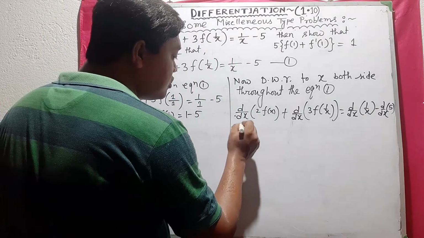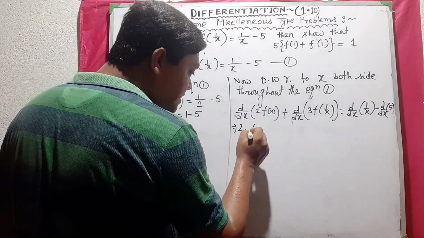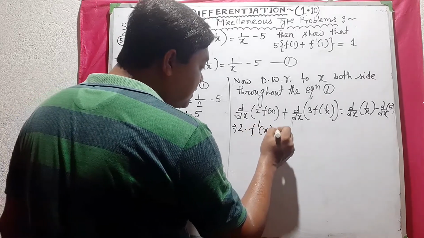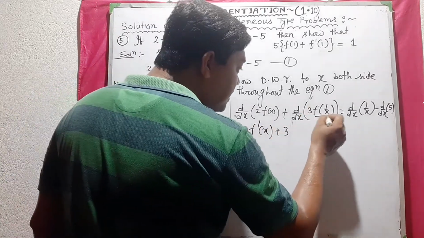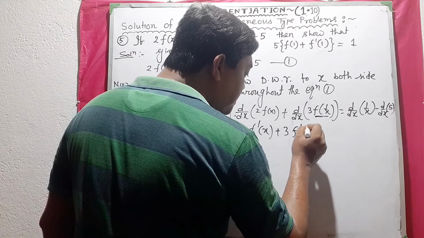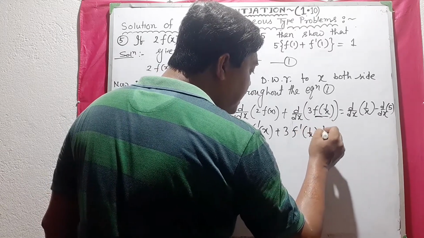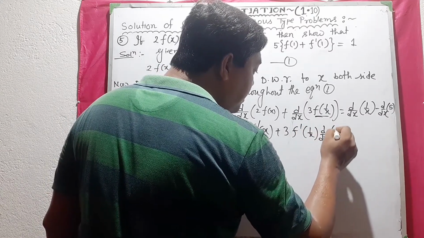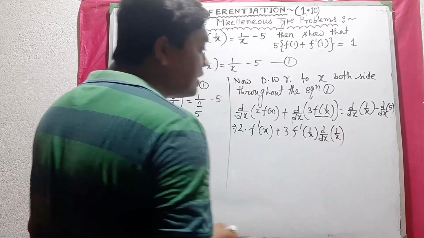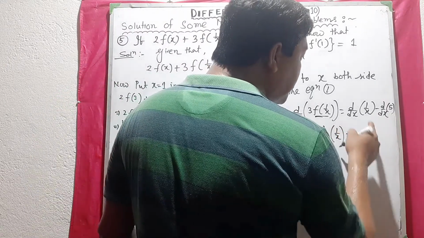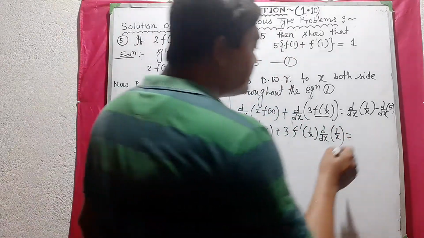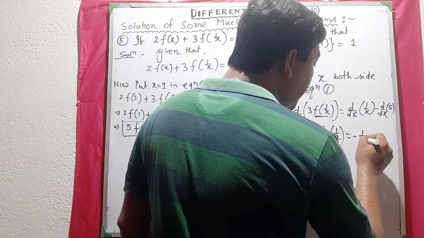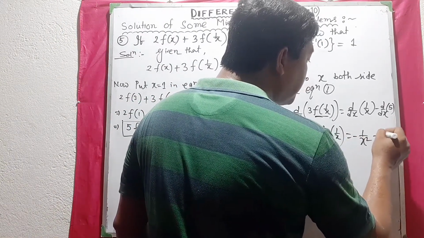So 2 into d/dx of f(x), that is f'(x), 3 into f(1/x), and d/dx of 1/x, this is also d/dx of 1/x, that is minus 1 by x square, minus 0.